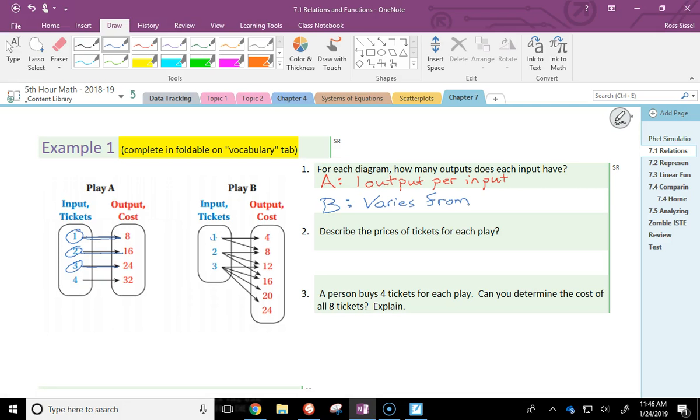Okay, I heard that. If I look, this number 1 went to 2 different numbers. So it varies from 2 to, which one had 4? The 3 tickets went to 12, 16, 20, 24. So it varies from 2 to 4 outputs. That's what I meant.